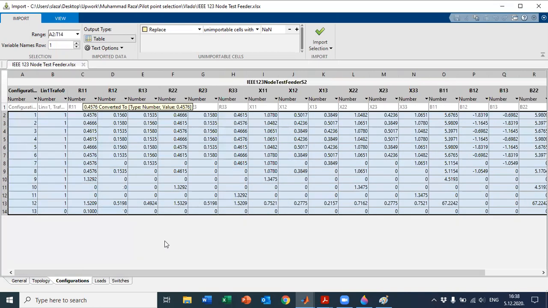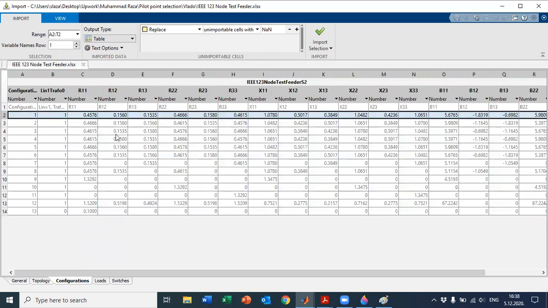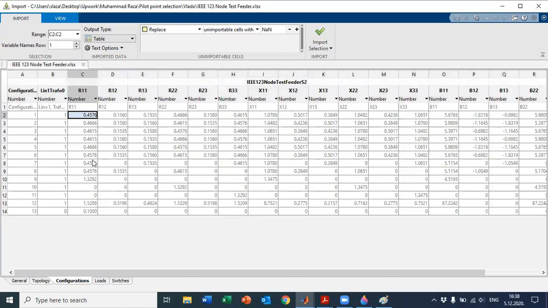Basically, when we are converting this three-phase system into three single-phase systems, if we take a look at, for example, configuration one, phase A has a resistance of 0.4576. And we neglect the resistance, the impedance, and the capacitance between different phases.